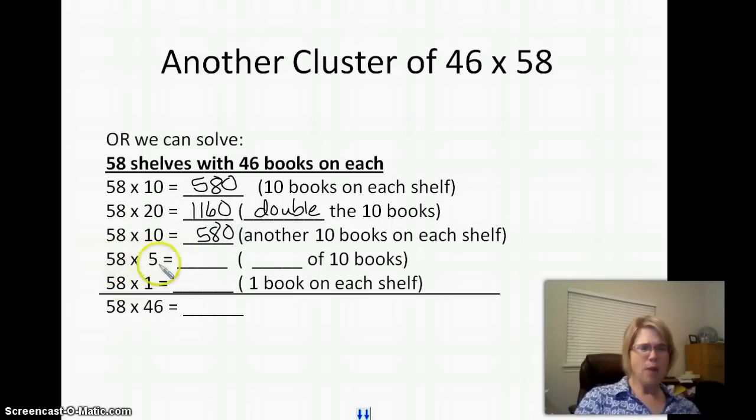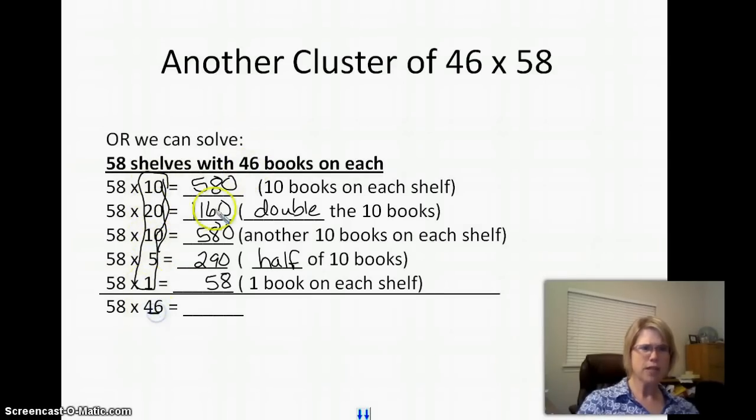Now, how am I going to get the five groups? I hope you said it. We're going to half the 10 books. Half of 500 is 250, half of 80 is 40, for a total of 290. And then one more group of 58, right? Now, where did I get these numbers? I want to make sure when you go to do your clustering, you just want to make sure that you have whatever you're looking for, 46.